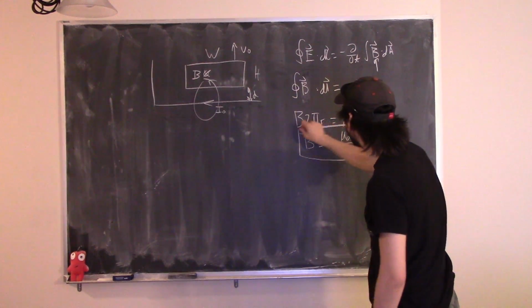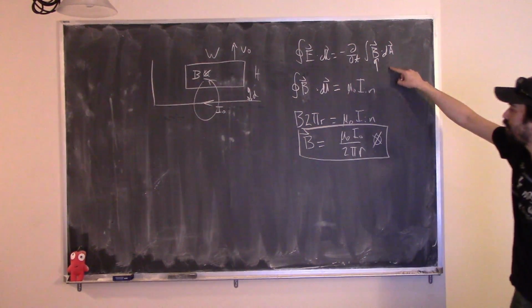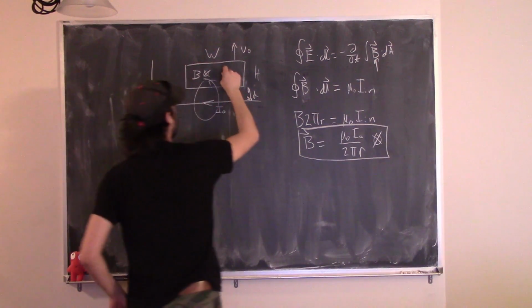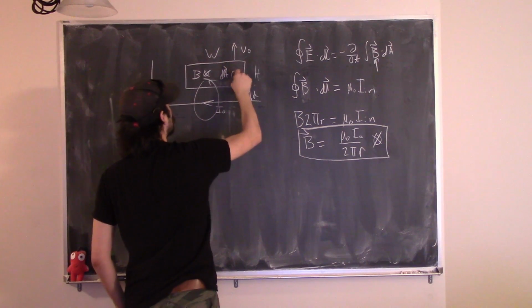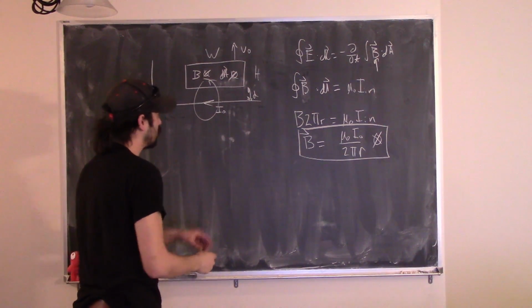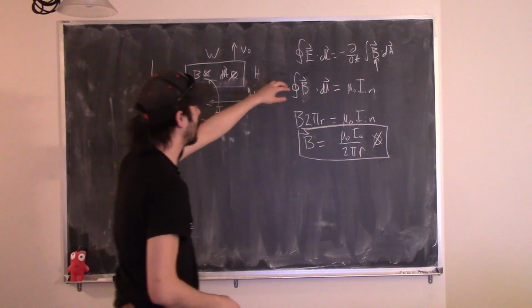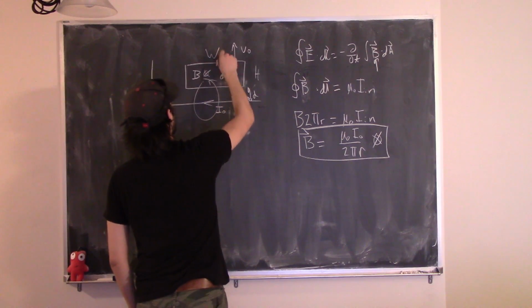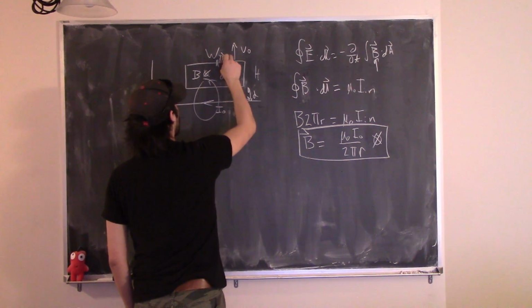The next thing we need to do is calculate what the magnetic flux is. So in order to do that, we're going to define some dA vector. So the dA vector is going to point in. If the dA vector points in, we can determine what the direction of dl is here. So this is going to be some dl vector that goes around this way.